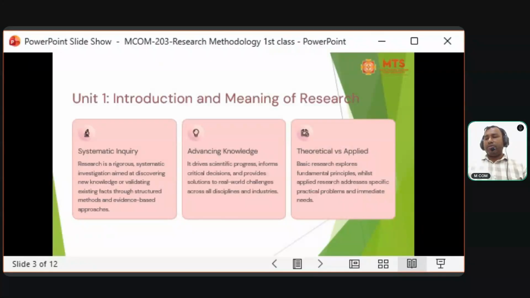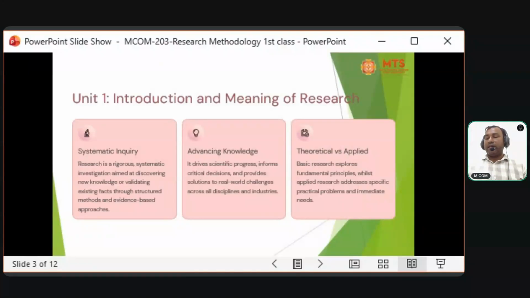And what is the meaning of research methodology? According to C.R. Kothari, research methodology refers to the overall strategy, methods, and procedures used to collect and analyze data in a research study.